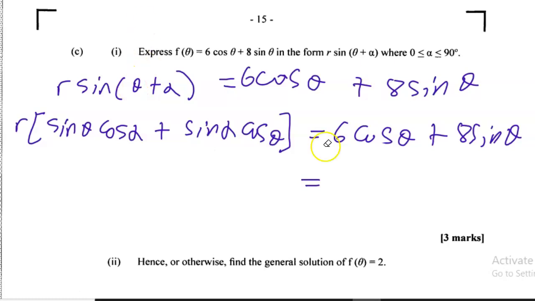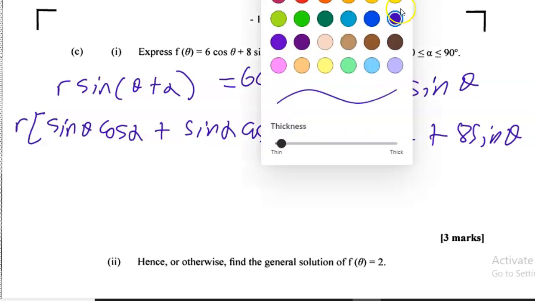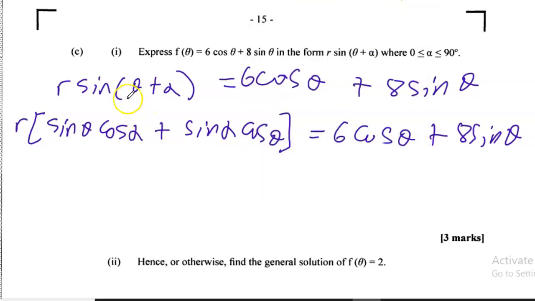Let's equate coefficients. For sin theta, on the left hand side that's r cos alpha, and on the right hand side the coefficient of sin theta is 8.